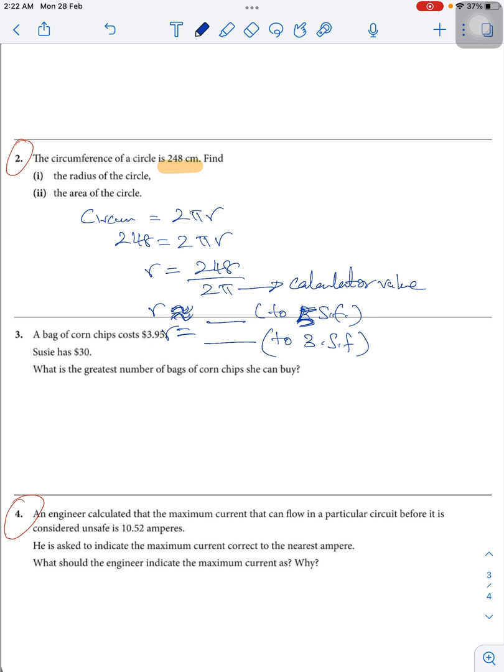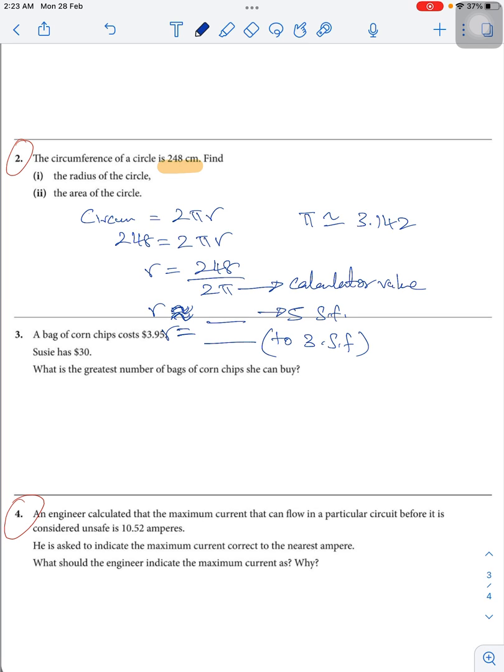Okay, so you don't need to write this down, but just for your info, this one should be 5SF. This is your intermediate answer. Okay, and the final answer should be in 3SF. Now, unless the question says use pi as 3.142, if not, use the calculator value.